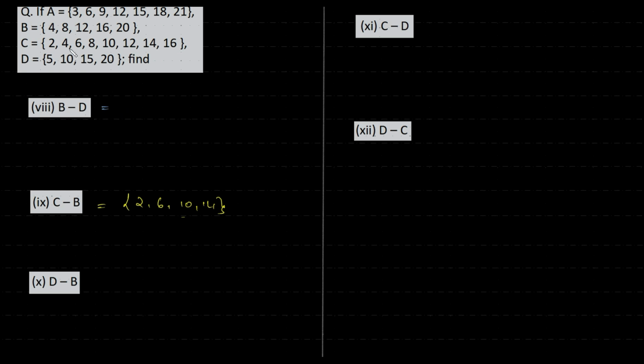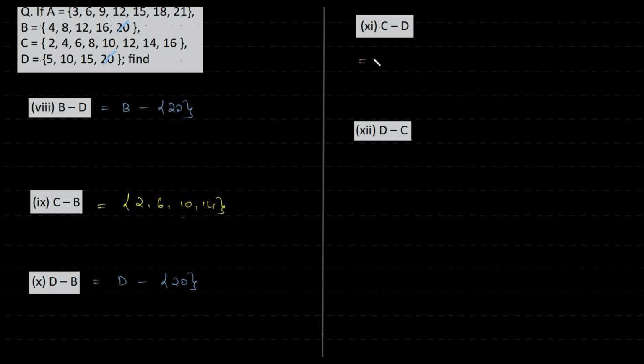So first thing first, let me eliminate common elements. So we have 20 and nothing else. So this would turn out to be B minus the element 20. And here this would be D minus the element 20. Okay.